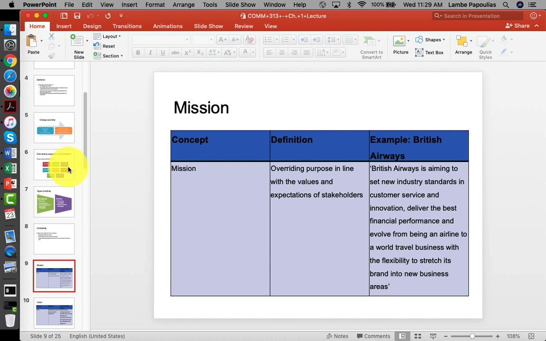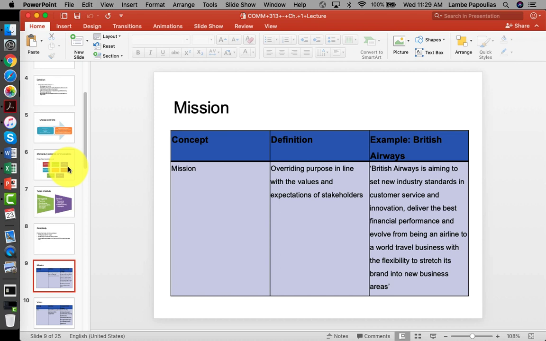So let's take a look at a mission. What is a mission? It's an overriding purpose in line with the values and expectations of stakeholders. If you're a stakeholder in an organization, whether you work for the organization or shop at the organization, you want to have a mission that your stakeholders can buy into. So let's take a look at British Airways. This is their mission statement.